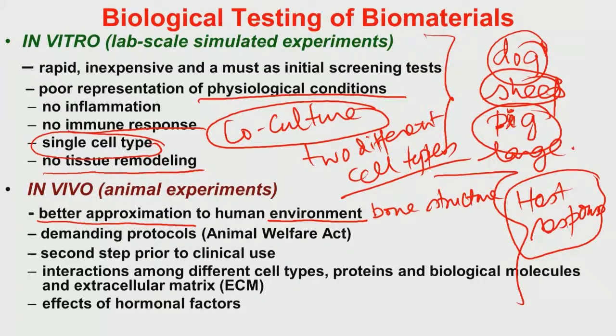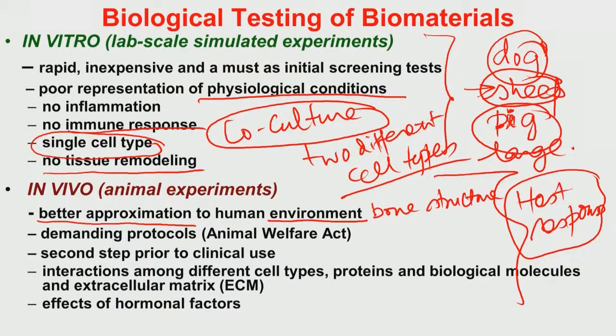The third one is the sheep model. The sheep model is very good, because its bone structure and microstructure, as well as bone remodeling, are very close to those of the human system, and many people use the sheep model.